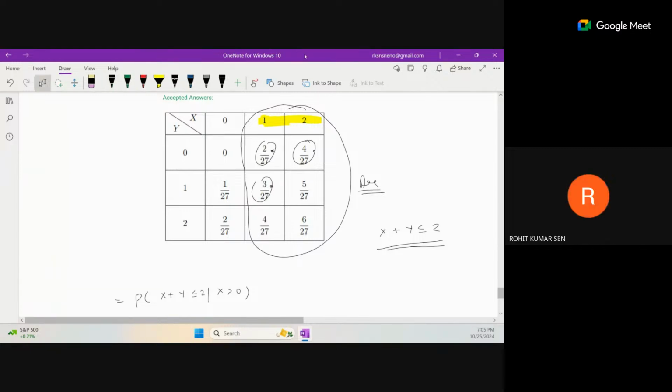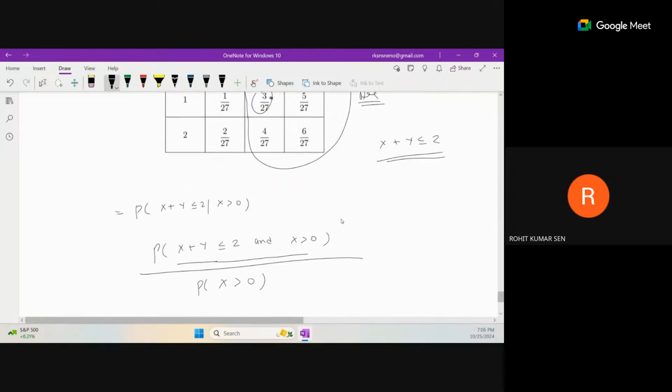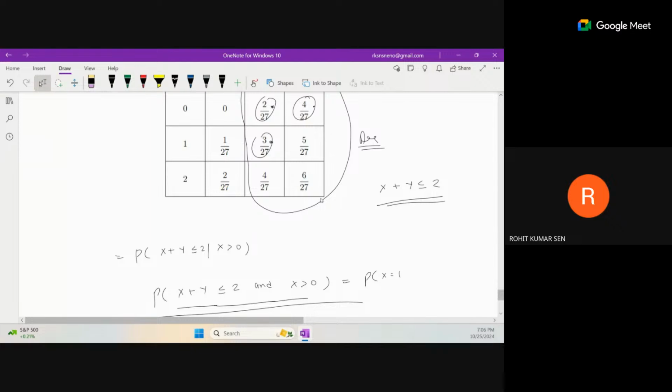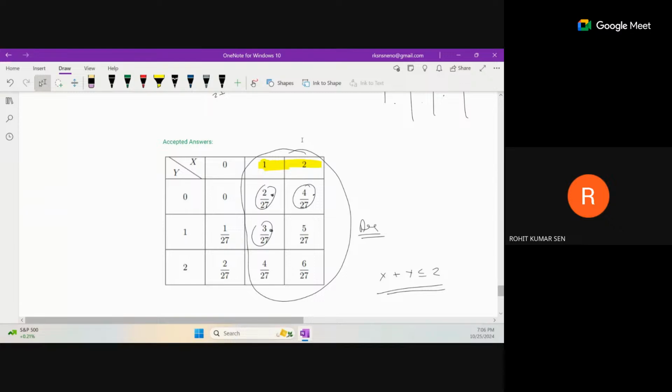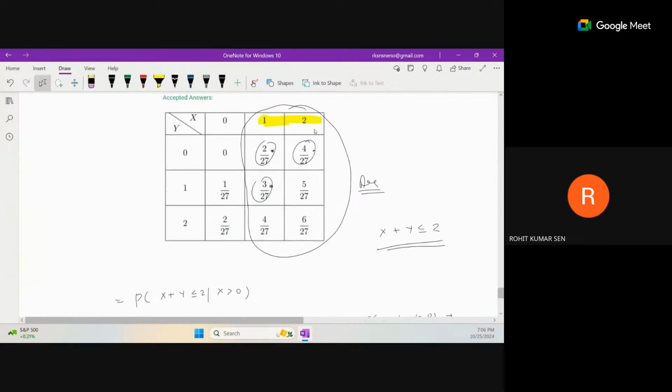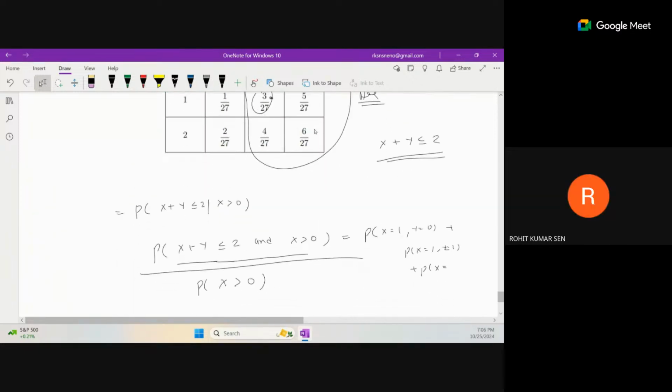Okay. So the probability of this is equal to what? I am just writing it. Probability of x is equal to 1, y is equal to 0, plus probability of x is equal to 1, y is equal to 1, plus probability of x is equal to 2, y is equal to 0.